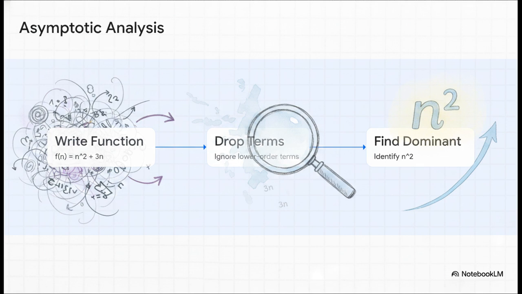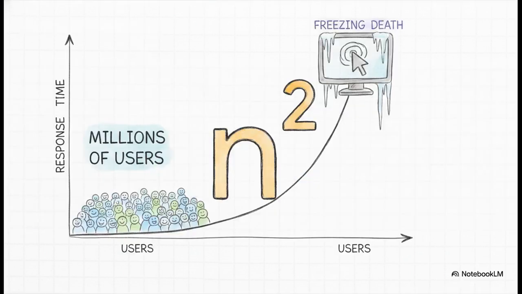If your input n is a million and you have a million squared, adding 3 times a million barely makes a dent, so we just ignore it. That brings us to step 3, where we identify our dominant term, which here is n squared. So the absolutely crucial point is that this dominant term, n squared in our little example, is the only thing that truly matters when determining how an algorithm will perform at scale.